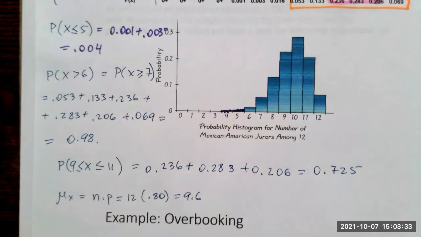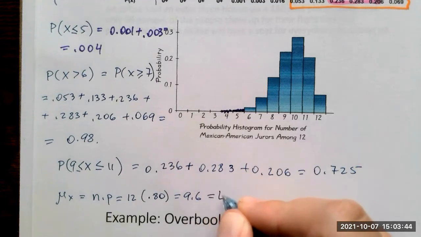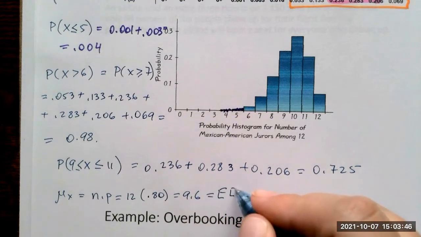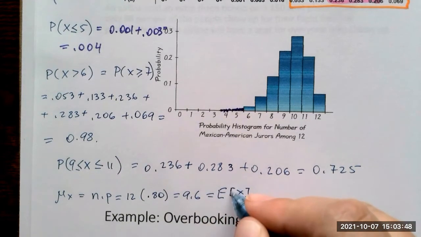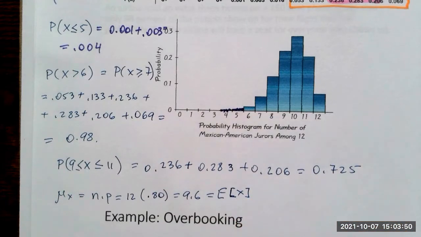Let's stop here and think about what 9.6 represents. Remember, for probability distributions, the mean is also the expected value. What that means is that if we have a population with 80% Mexican Americans, then among 12, we expect 9 to 10 to be Mexican Americans.